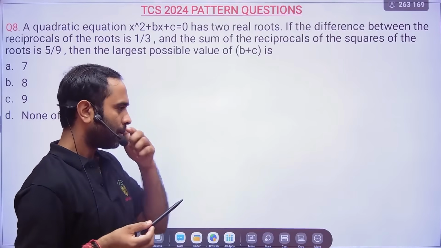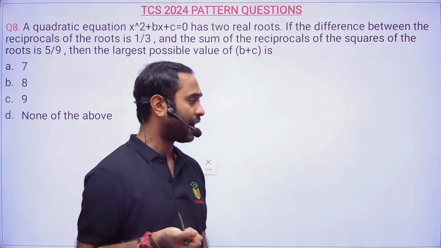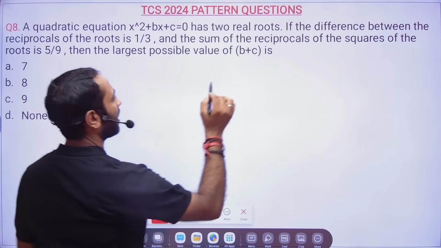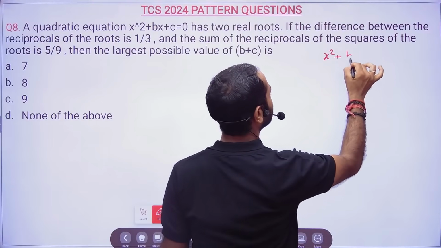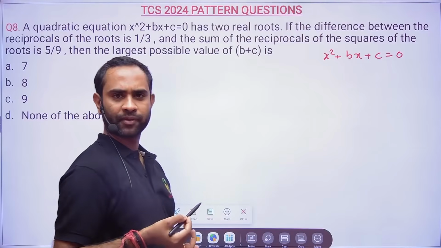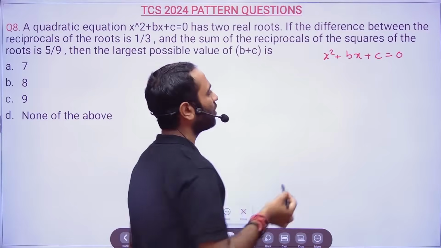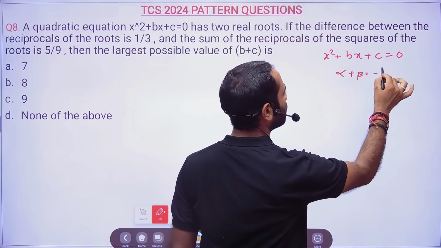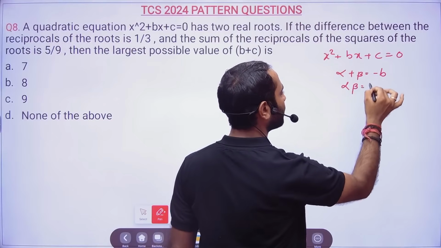Now the next question is a very good question in itself. We have a quadratic equation x square plus bx plus c equals 0. When you are handling a quadratic equation in an exam like TCS, the first thing you do is calculate their roots. Sum of roots will be minus b by a, and the product of roots will be c by a.